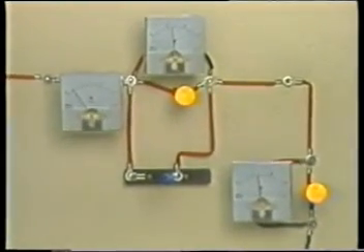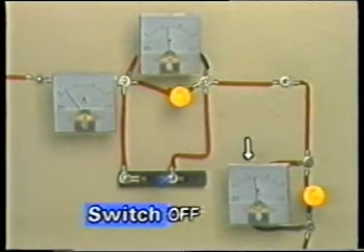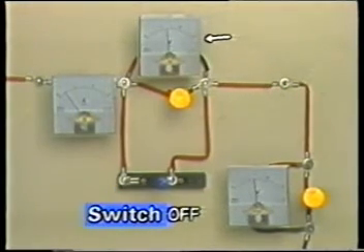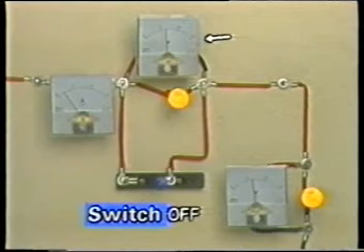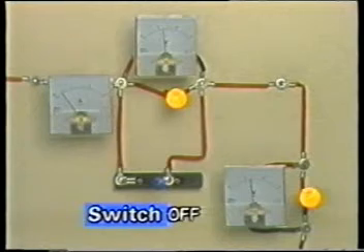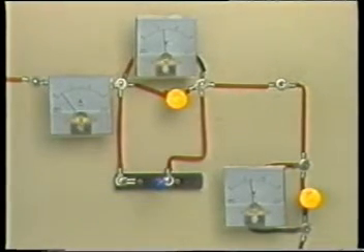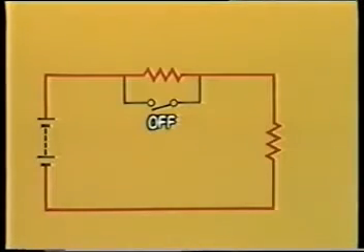The voltage is 6.5 volts here, and 6.5 volts here also. The ammeter indicates 0.35 amperes. When the switch is off, current flows as shown by the red lines. Since the two lamps form a series circuit, voltage can be measured at 2 points.